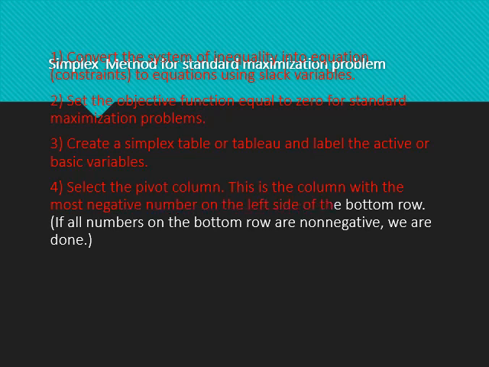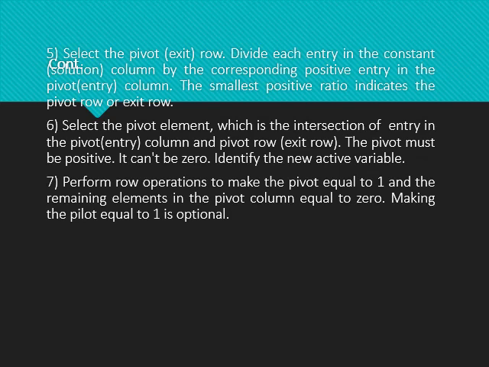If all numbers on the bottom row are non-negative, we are done. Five, select the pivot row.